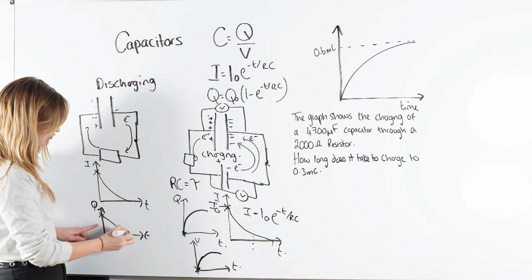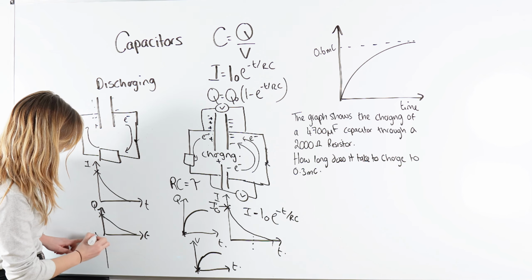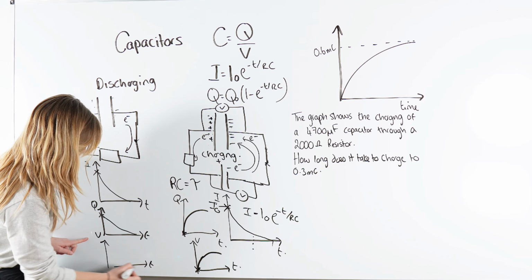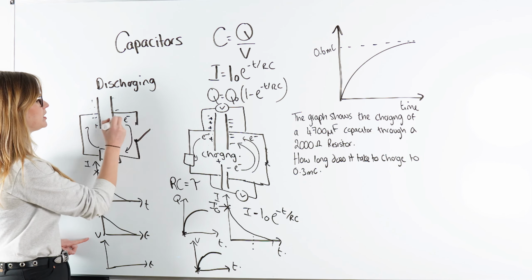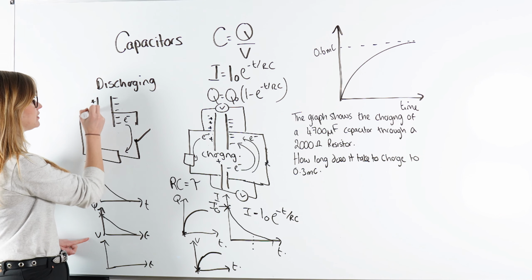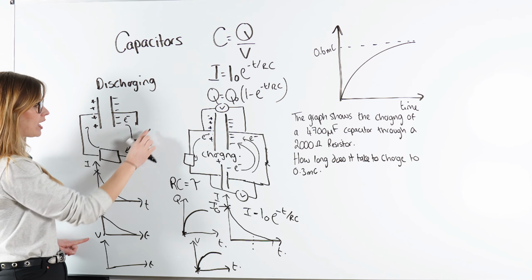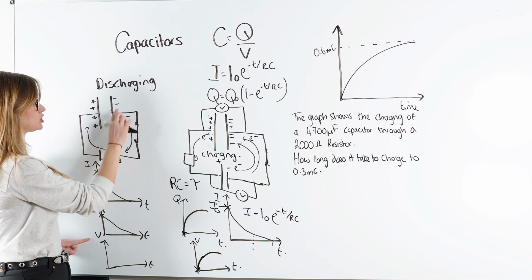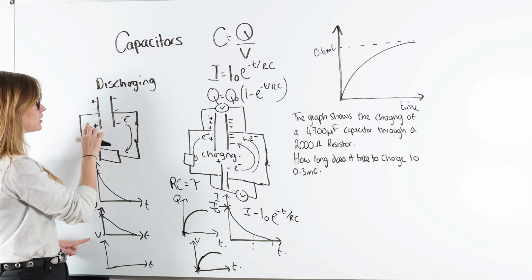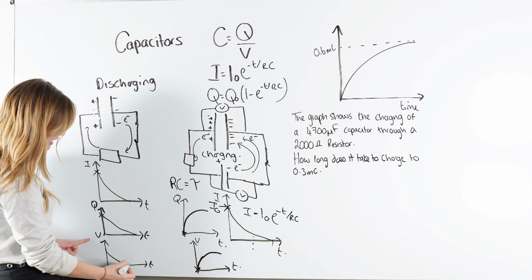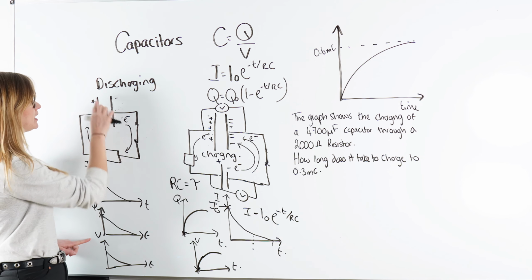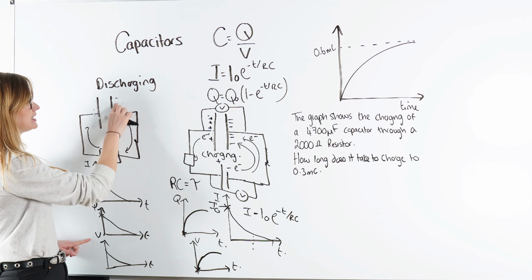So my charge decreases over time. If I look at the potential difference across my plates over time, again, when my switch was open, there was a really high potential difference between my two plates. But as I close my switch and those electrons start to get pushed off that negative plate, the potential difference will drop over time until it becomes zero. And that's when my capacitor is completely discharged.